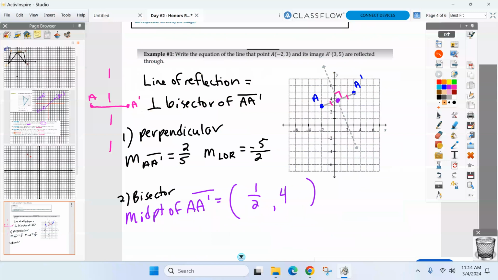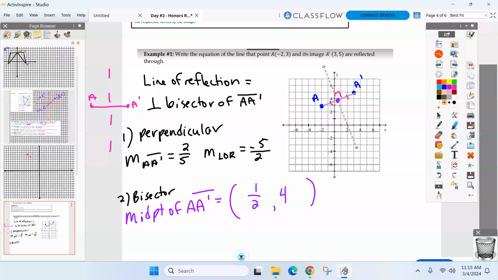And any time in this class this year, I've had you write the equation of the line, you've needed 2 things. You've needed the slope, and what else do I always need to write an equation of any line? The y-intercept, remember that? You need the slope, which we have, -5/2, and you need the y-intercept. That's where the midpoint's going to come into play.